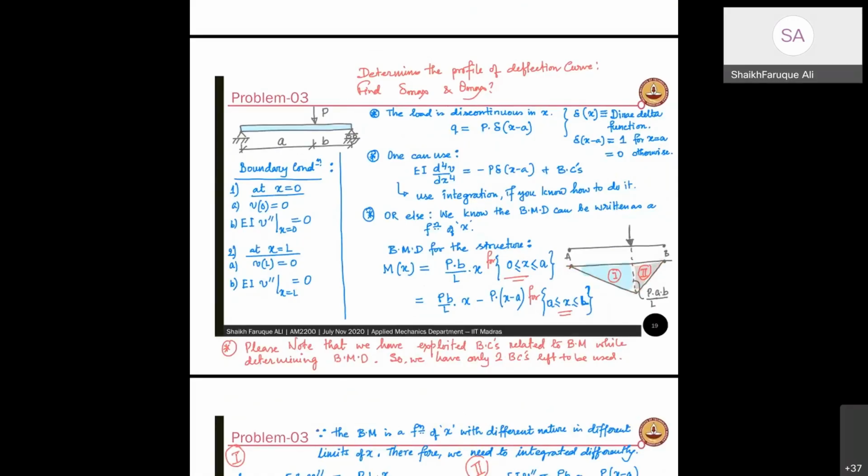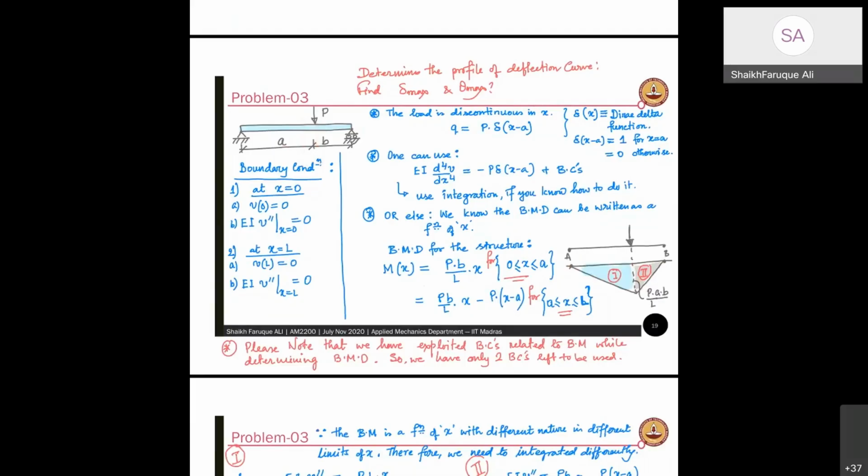Either of these you can use. Solve it and tell me where you get its maximum deflection point. Is it under the load P, or is it at the center, or is it in between somewhere? Just solve it and tell me what happens when you have a point load at any point a.